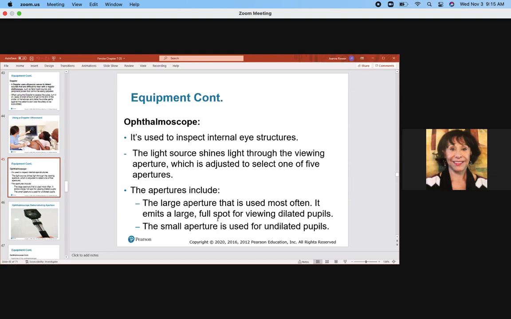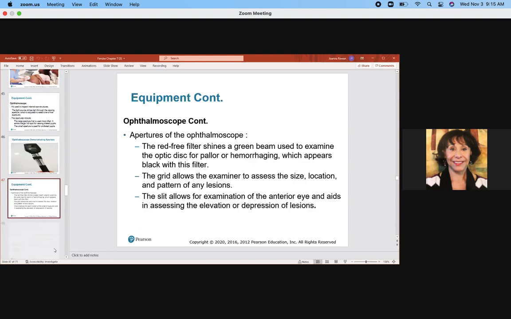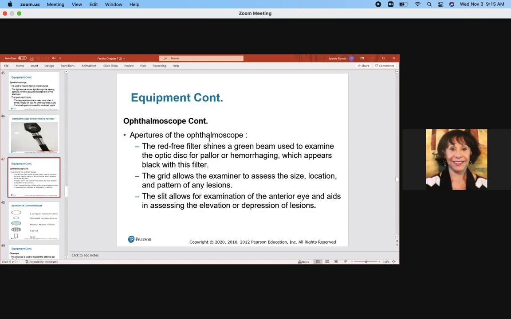This is not one of the skills you are expected to do in your skills validation, and normally you don't do this in the hospital setting, unless you have a specialty, like working in ICU, ED or trauma centers, then you definitely are expected to know how to use it. So that is nice to know, but know what it is used for.